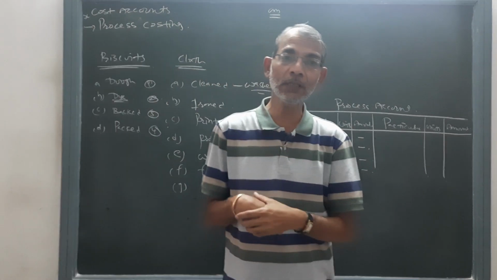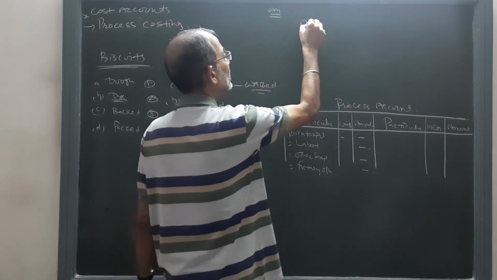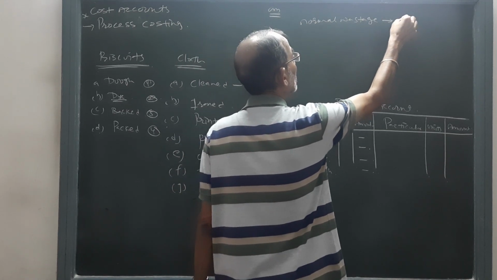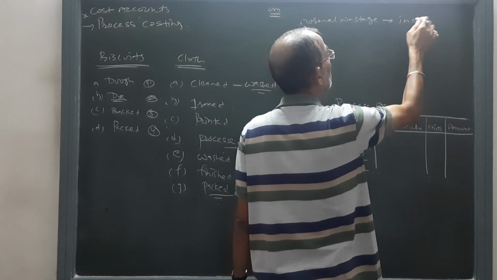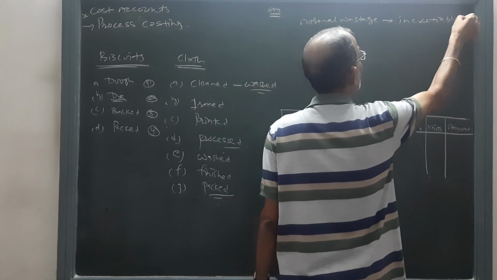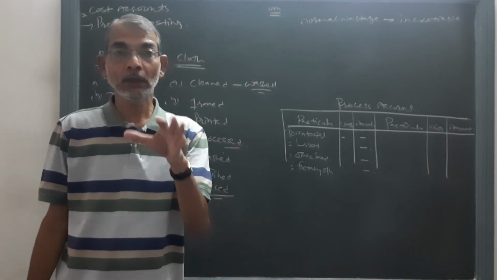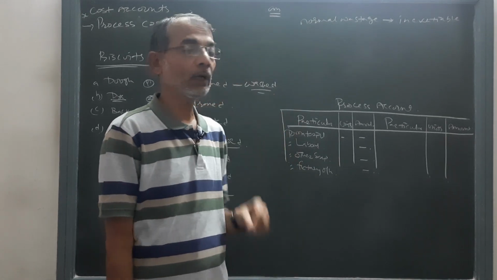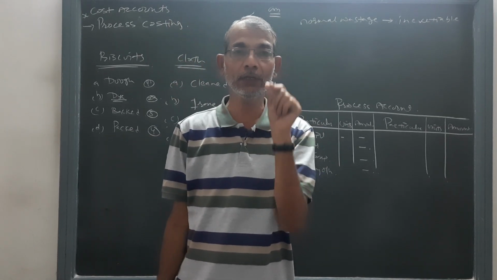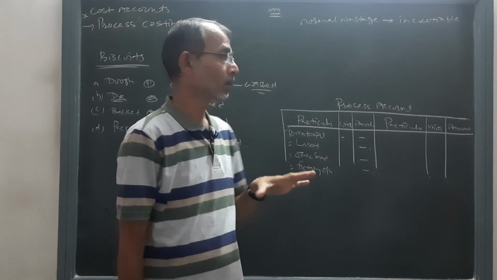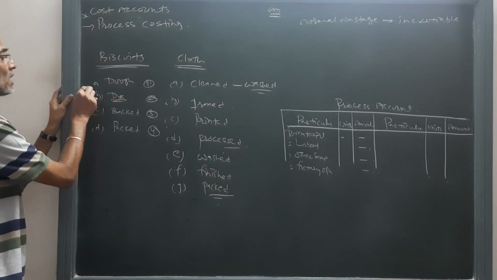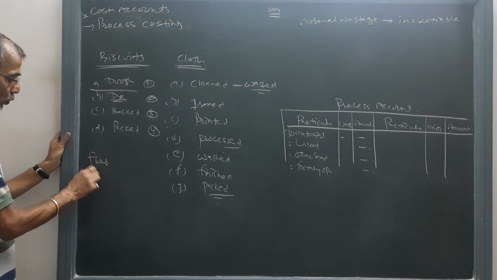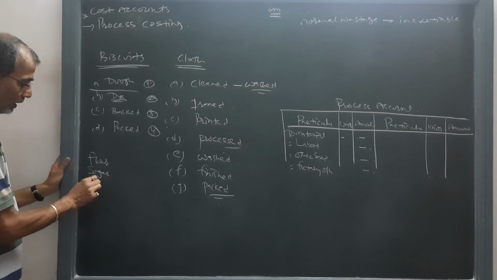Now in any process, normal wastage is inevitable. Labor we take care of anyway, but there will definitely be some percentage of loss. For example, when biscuits are manufactured, flour is needed, sugar is needed, oil is needed.